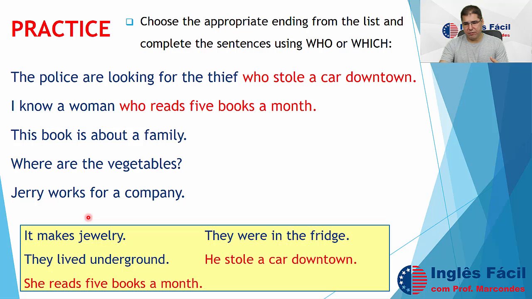Now, they lived underground. It's possible, okay? So this book is about a family. They lived underground. So this book is about a family who lived underground. Of course, family, we are talking about people, right?